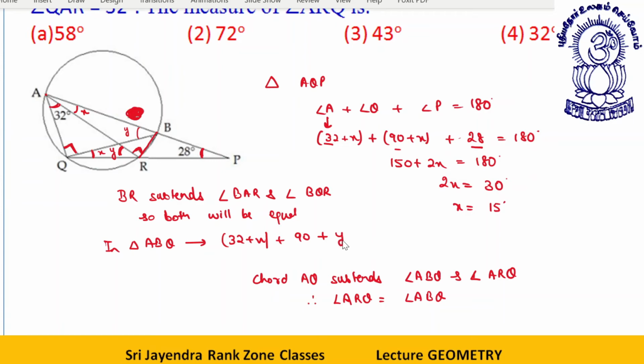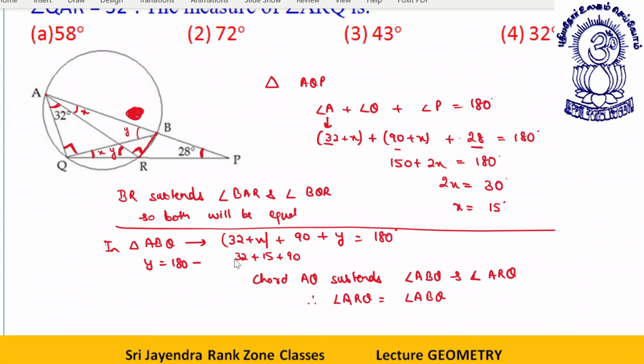Angle B is Y. The sum is 180 degrees. So Y will be equal to 180 minus (32 plus 15 plus 90), which gives Y is equal to 180 minus 47 minus 90. The 90 is removed, and 47 from 90 leaves 43.